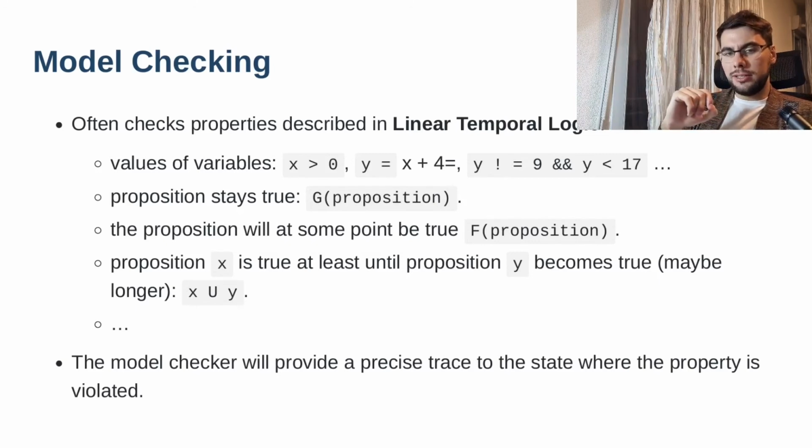And model checking allows us to verify properties like the first process has written a value to the variable x before the second one reads it. And if such property is violated, the checker issues a precise trace showing which process has done what.